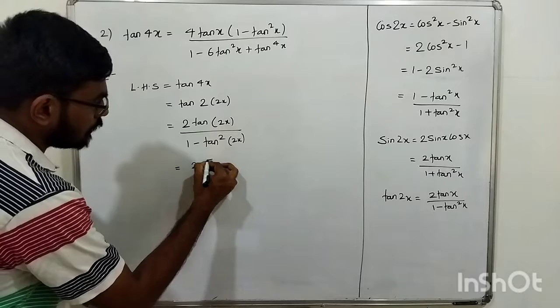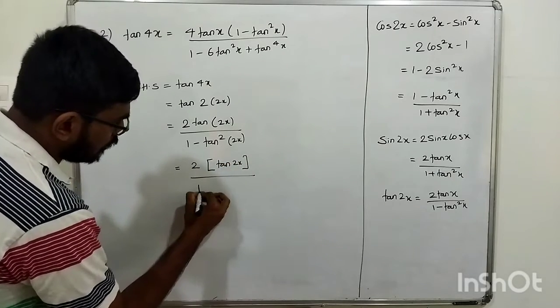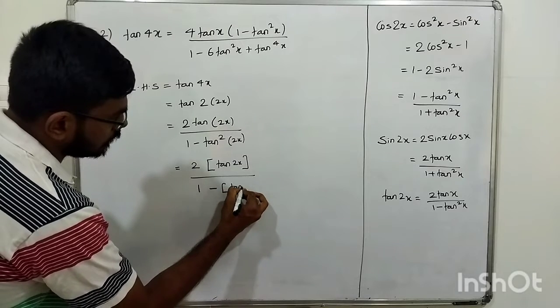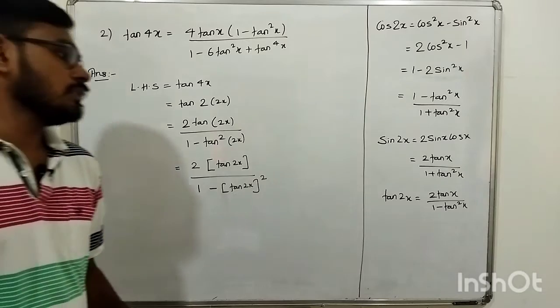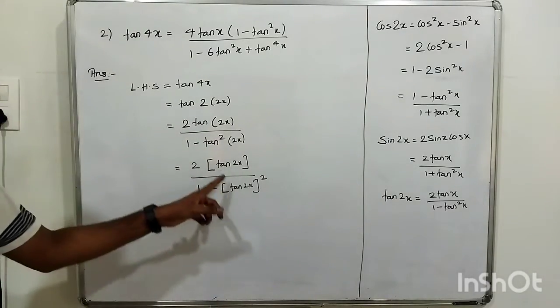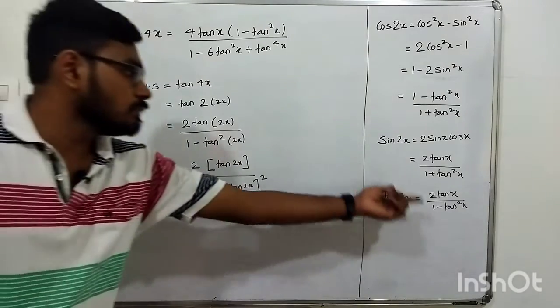Now if we see properly, we have tan 2x here in the numerator and even down here we have tan 2x, correct? 2 tan 2x upon 1 minus tan 2x the whole square. Now we can substitute in place of tan 2x directly.